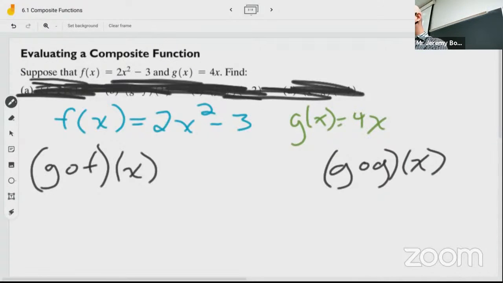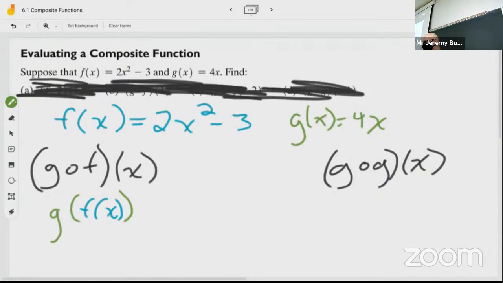So it was with f of x. So remember, that's the same thing as g of f of x. And so that means we're going to take g of x, and everywhere there's an x, we're going to put f of x.